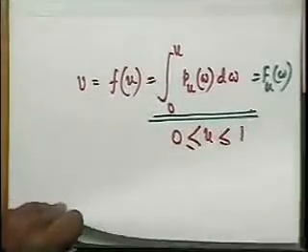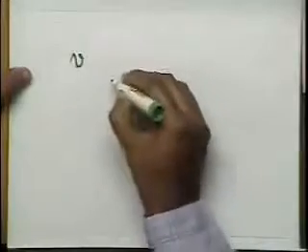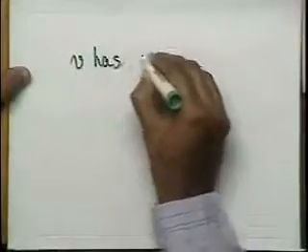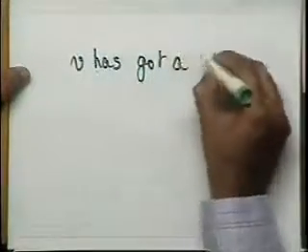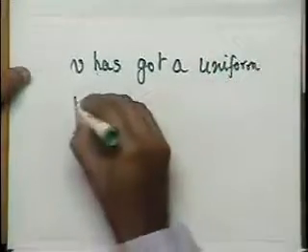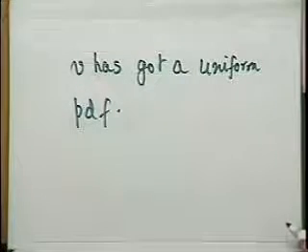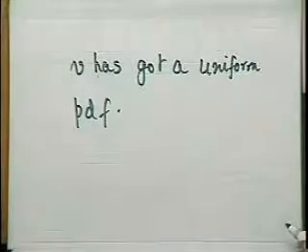Now it can be proved mathematically, I am leaving that proof to you as an exercise, that this function V has got a uniform probability density function. V has got a uniform probability density function. All right?